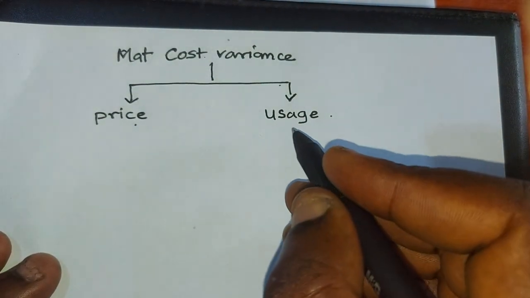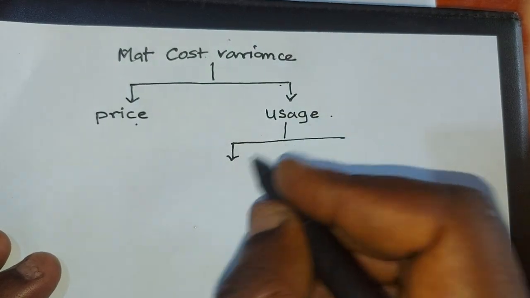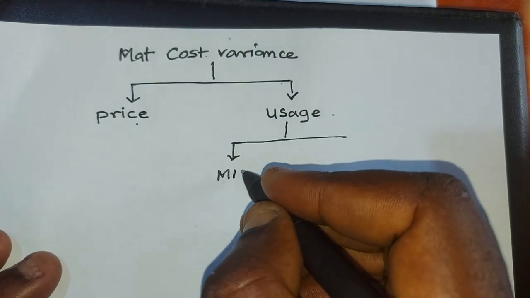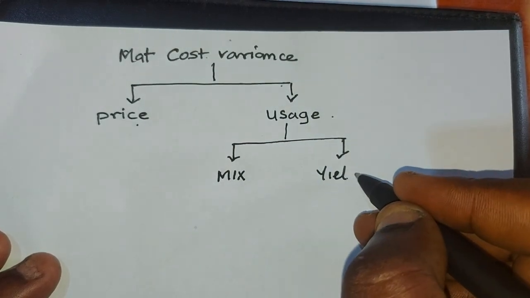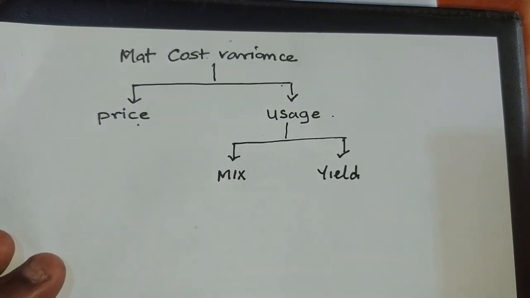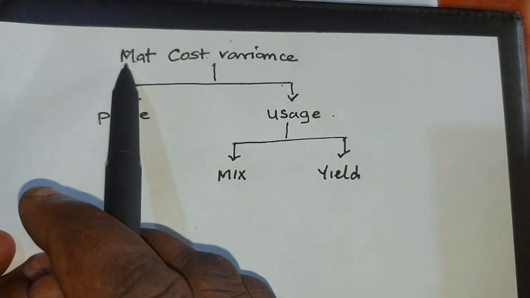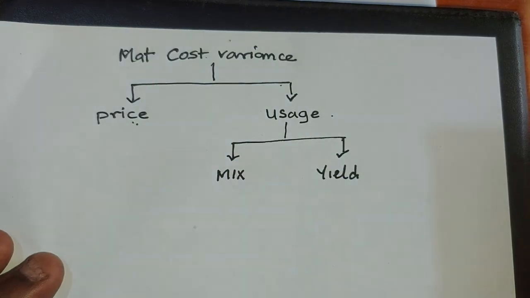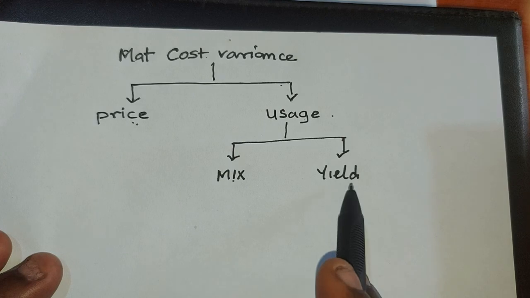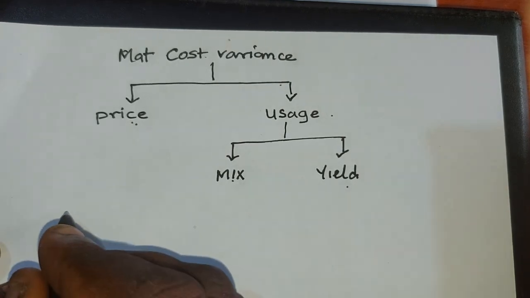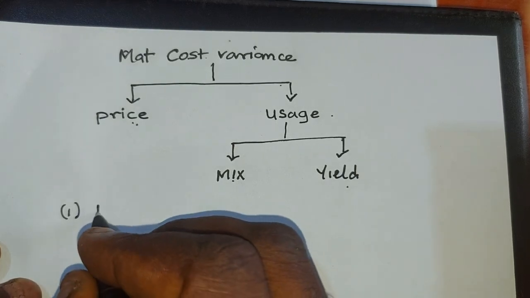Now, the usage variance can further be split into material mix variance and yield variance. So the question says we should calculate the material cost variance, the material price, the usage, the mix, and the yield.